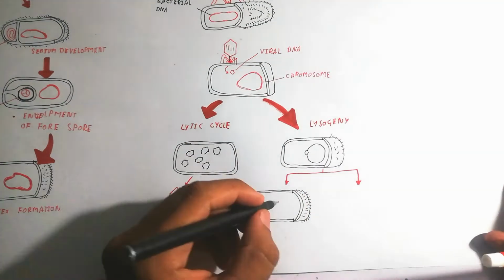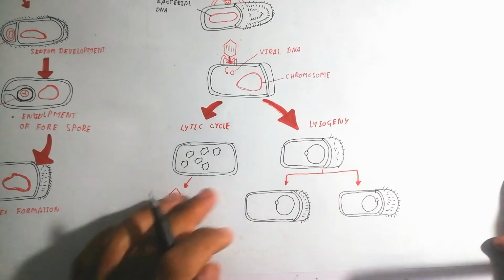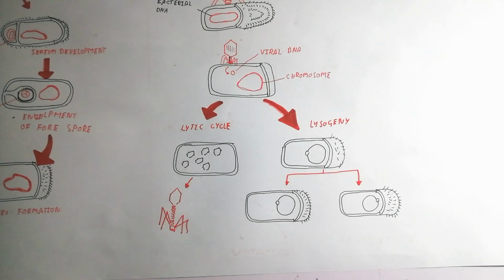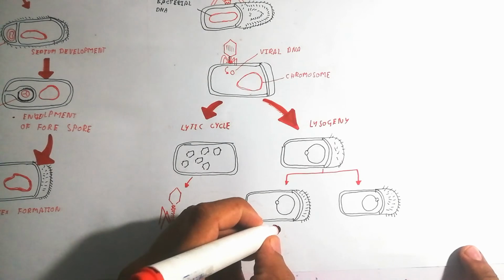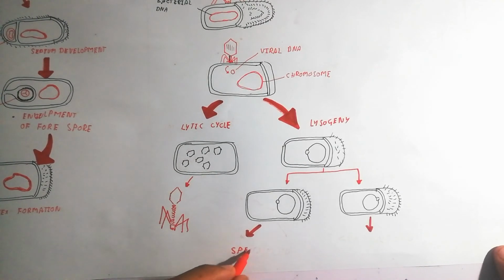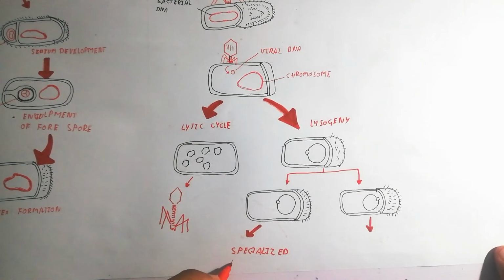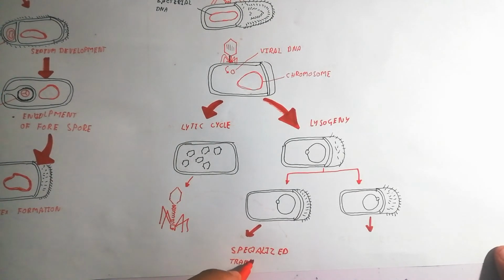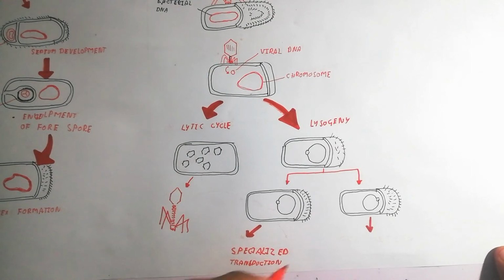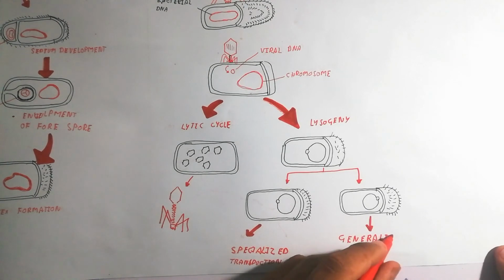So here is the bacteriophage, and here is the lysogenic cycle, which involves replication and cell division of the bacteria. The lytic cycle is the lysis of the bacterial cell to produce bacteriophages, and those bacteriophages contain DNA, which can be bacterial DNA or viral DNA in the bacteriophage.